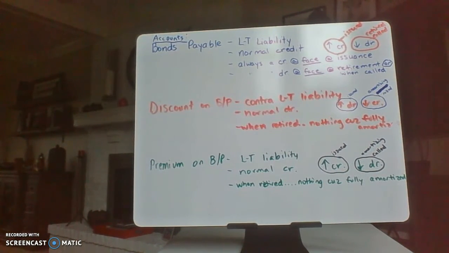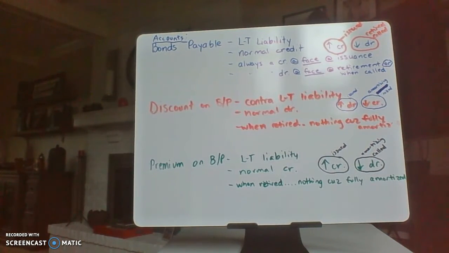So when I issue bonds at a discount, I'm going to debit the discount. Again, DD, debit, discount, normal. And then when I'm amortizing those bonds or when the bonds are being called, I'm going to credit that discount on bonds payable because I'm getting rid of or amortizing part of it, reducing that balance. So I do that with a credit.